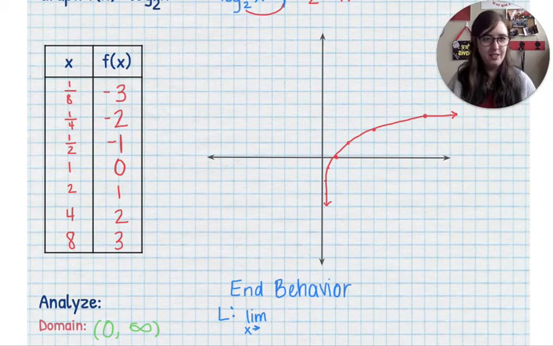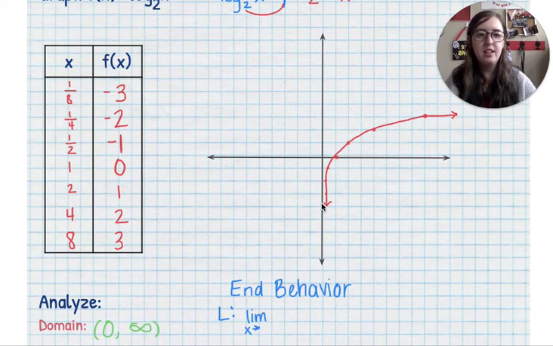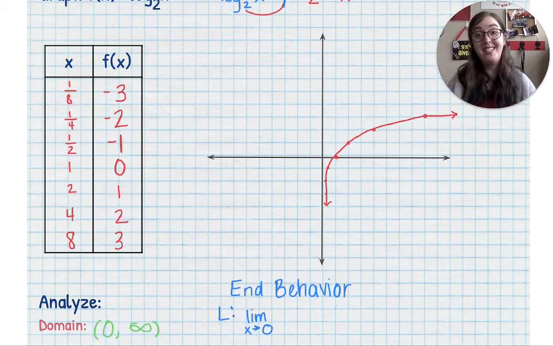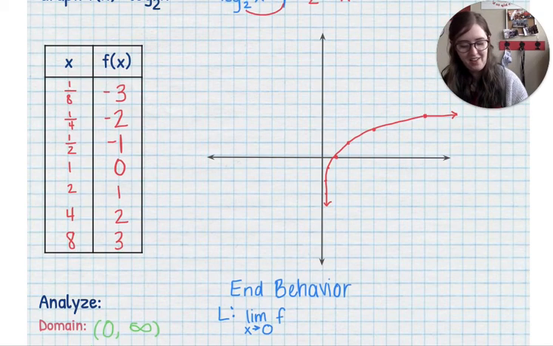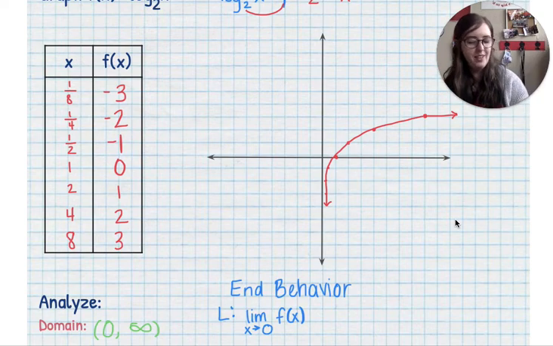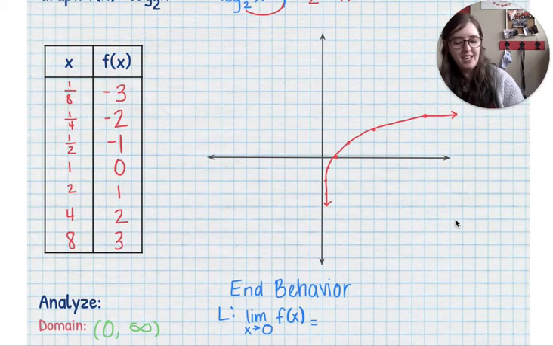So let's look at the left side of our graph. What is x approaching over here? x is approaching 0, right? So I'm going to have the limit as x approaches 0 of f of x. And my function there is going down, down, down, getting more and more negative. So that's going to be equal to negative infinity.